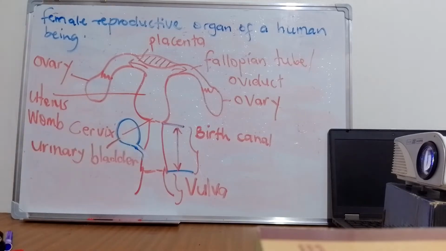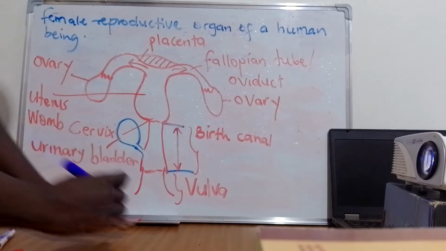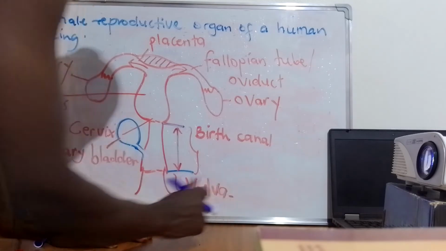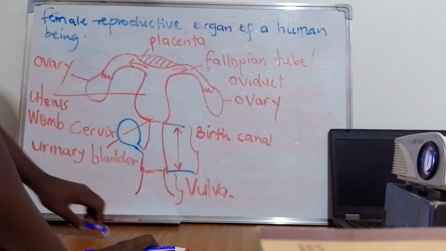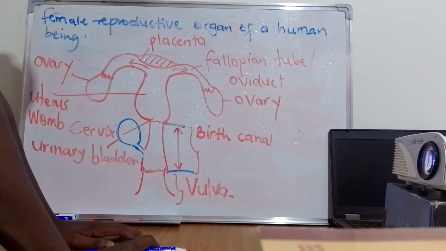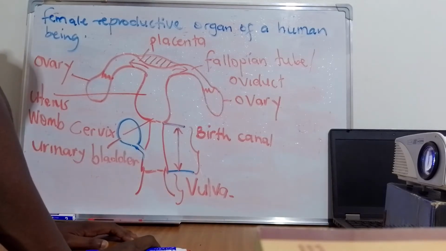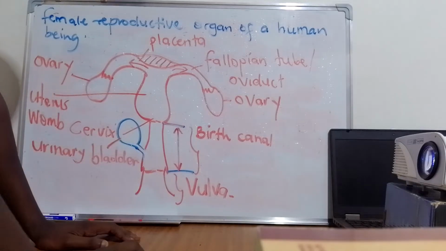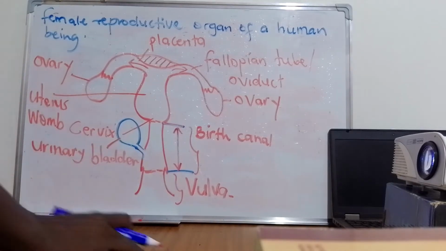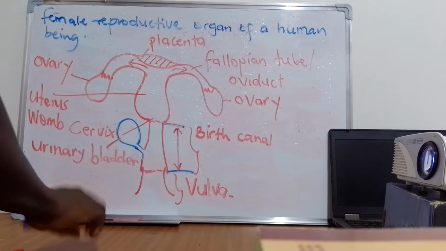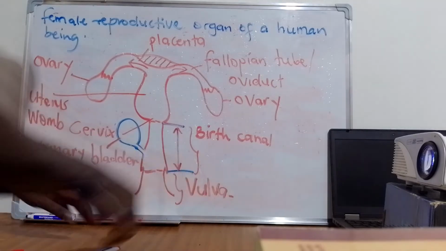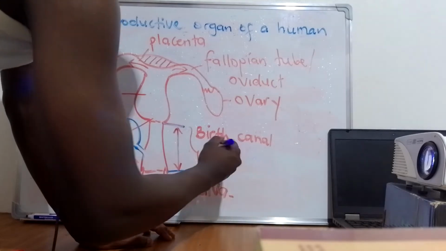Good. So, many people ask, what's the function of the vulva? This is a muscle-like structure that guides the erectile muscle into the birth canal during what we call copulation.